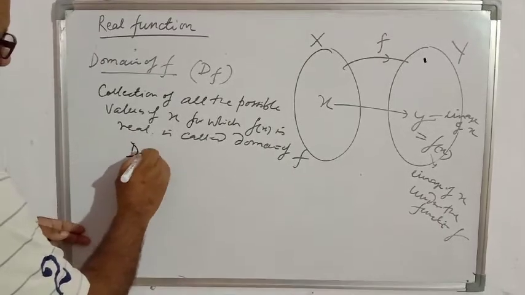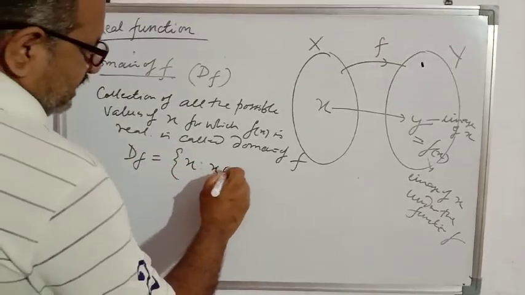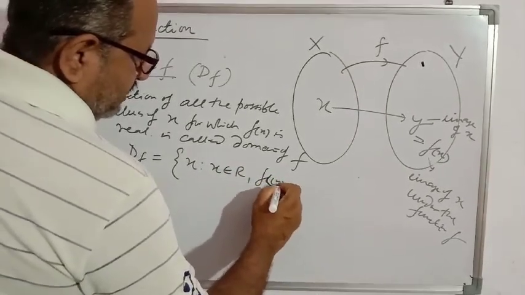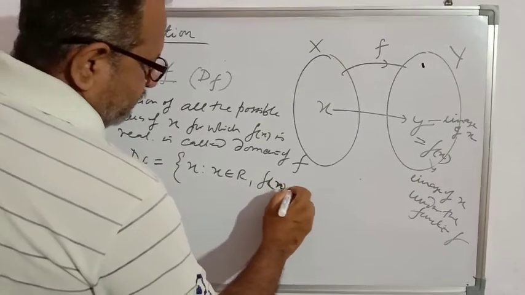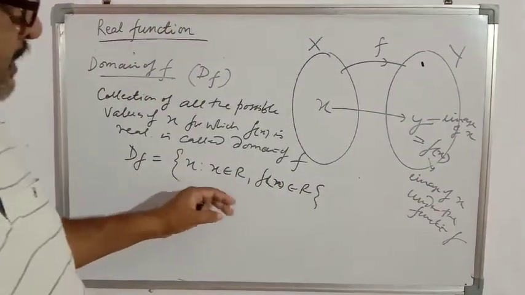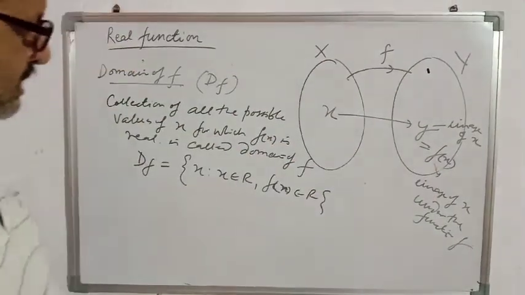We represent it like this: the domain of the function is {x such that x is real and f(x) is also real}, f(x) belongs to R. So the domain means all the possible values of x for which its image f(x) is real.